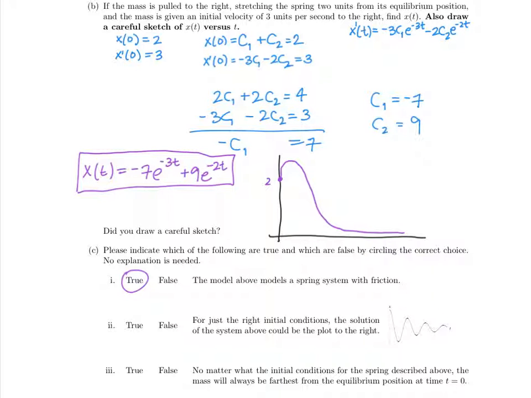For just the right initial conditions, the solution of the system above could be the plot to the right. Now this plot to the right here is very different from our exponential decay. This has sine and cosine involved. We remind ourselves that sine and cosine only get involved when we have complex roots of the characteristic equation.